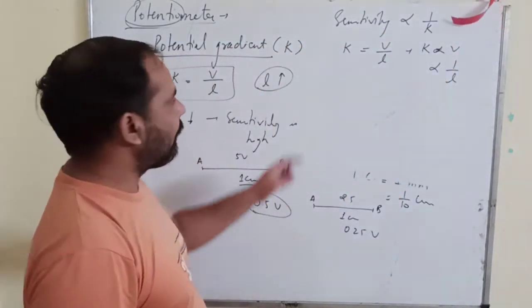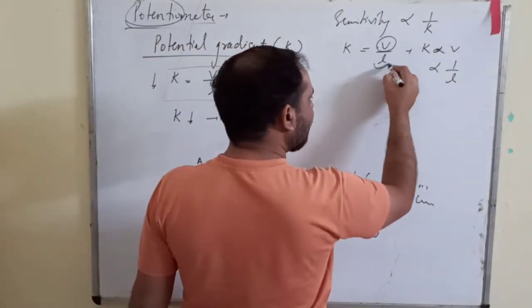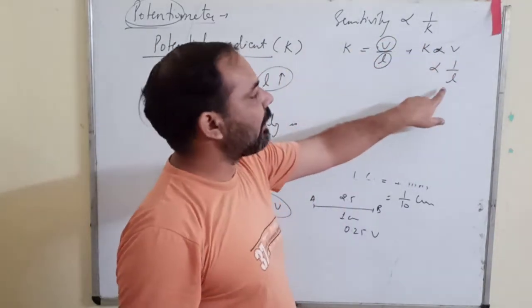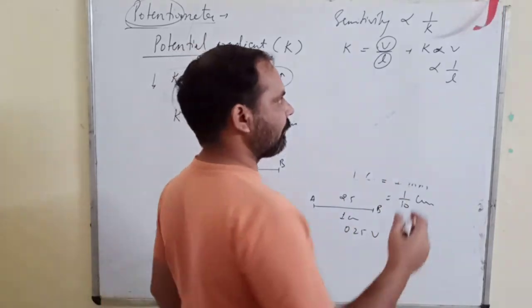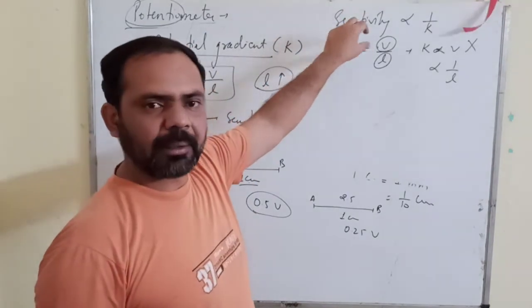For increasing the sensitivity, you need to reduce the value of K. Now how can you reduce K? Either you decrease the value of V or you increase the value of L. Decreasing V is not a practical option, because you cannot change the battery.